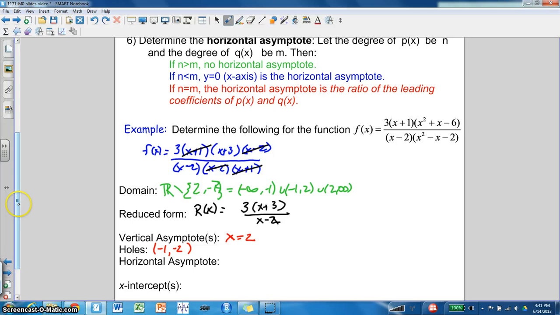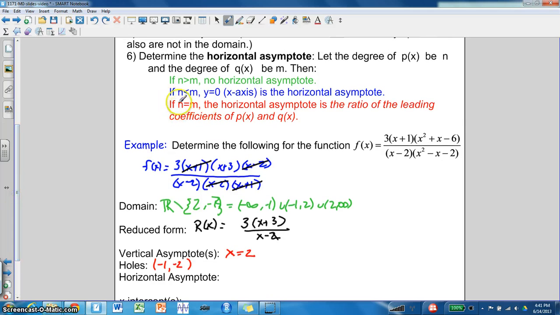So I go up to my number 6, and it says the numerator degree n is not greater than m, and not less than the denominator, but they are equal. So the horizontal asymptote is the ratio of the leading coefficients. So y is equal to the coefficient in the numerator, which is 3, over the denominator coefficient, which is just 1. So it's just 3.